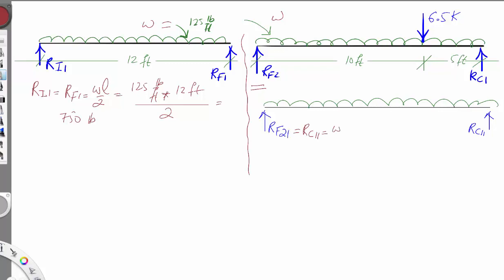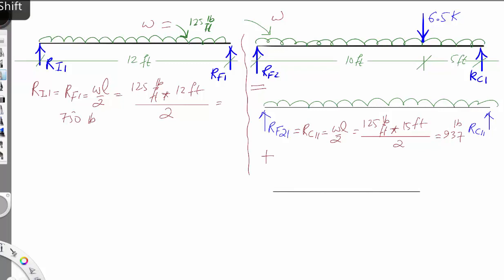RC11 is equal to WL divided by 2, which is 125 pounds per foot multiplied by 15 feet divided by 2, so for this part it is equal to 937 pounds, plus the other beam.